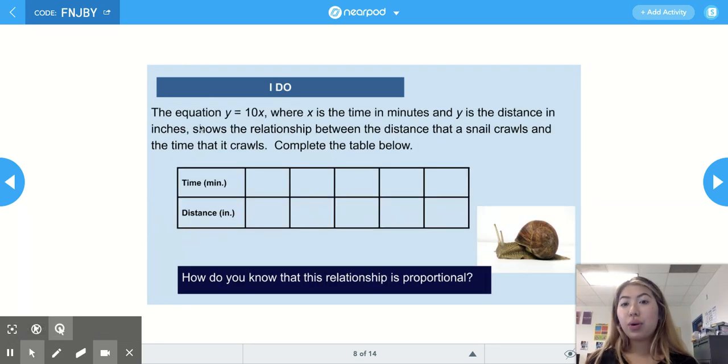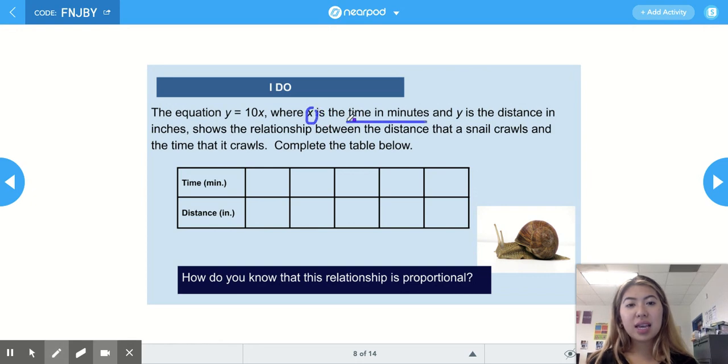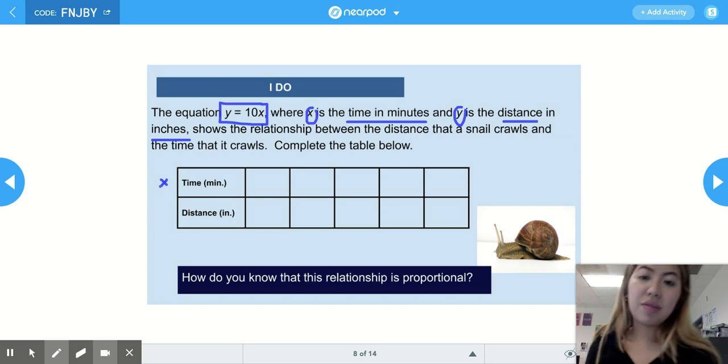This I do question reads: the equation y is equal to 10 times x, where x is the time in minutes and y is the distance in inches, shows the relationship between the distance that a snail crawls and the time that it crawls. And we have to complete the table below. So we are given our equation, and time is going to be our x variable, or our independent variable.